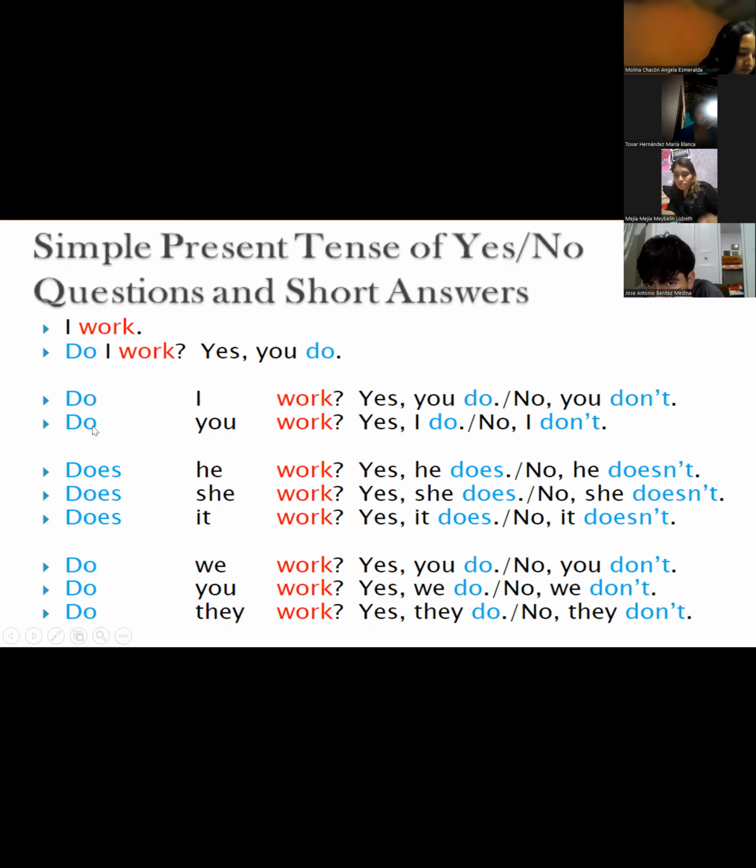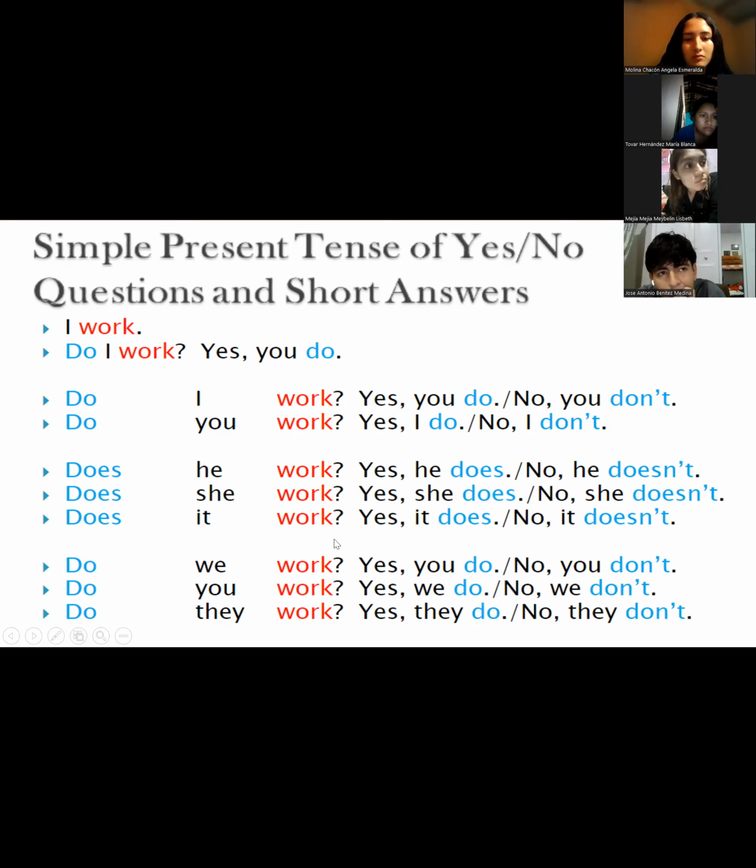Also, for example, "Do you work?" Si yo les pregunto directo a ustedes, me van a decir, "Yes, I do," or "No, I don't." Does he work? Yes, he does, or no, he doesn't. Does she work? Yes, she does, or no, she doesn't.